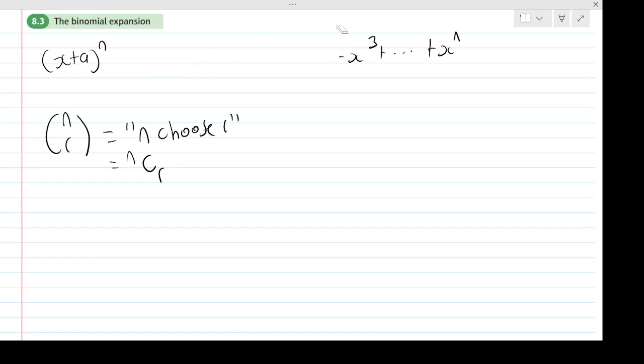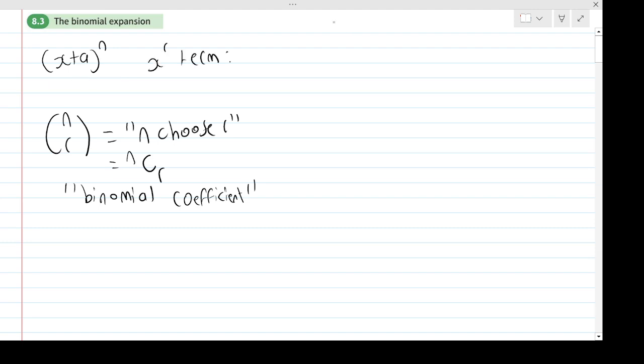So bearing that in mind, if we have x plus a, we want to go up in powers of x, as we just saw. So in general, with the binomial coefficient being the coefficient of each term we expand, for any general term, say the x to the r term, we know there's a coefficient part.